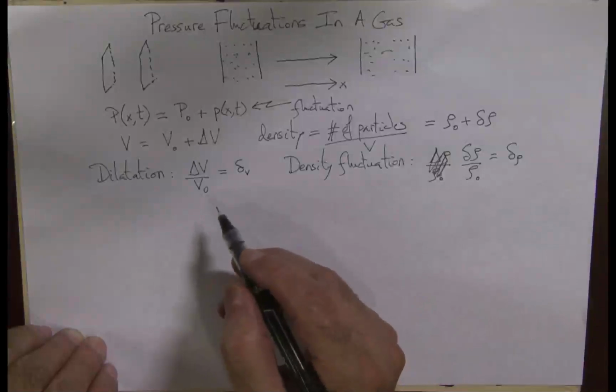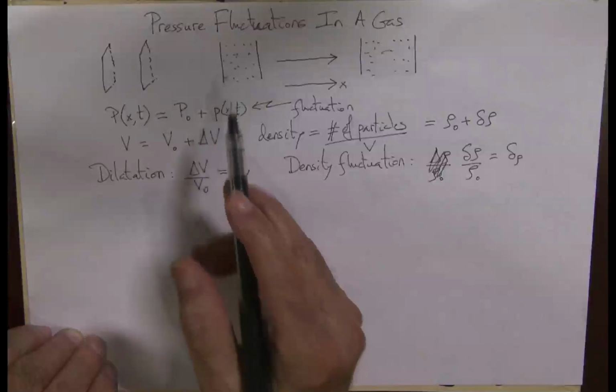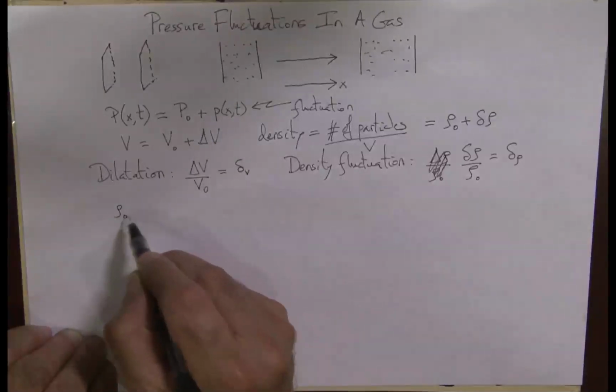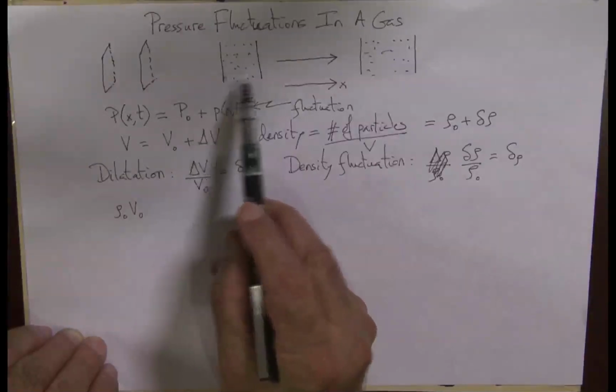Now, the number of particles doesn't change, and so rho naught into V naught, that was the number of particles before the sound wave hit it.